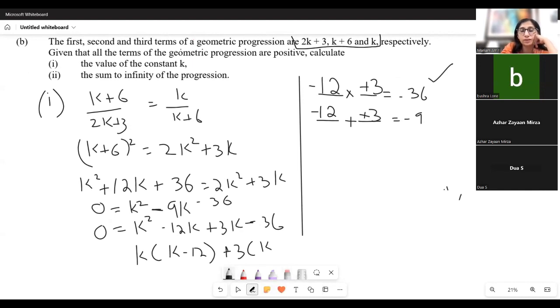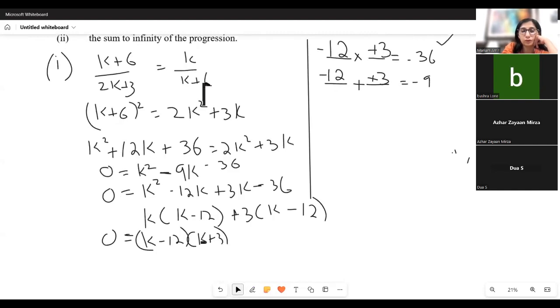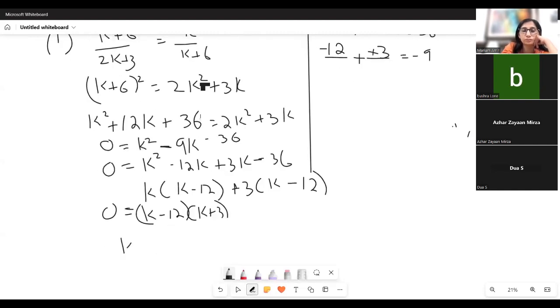Okay, plus 3 bracket k minus 12. So we're getting k minus 12 times k plus 3 equals 0. So k equals 12, k equals minus 3.